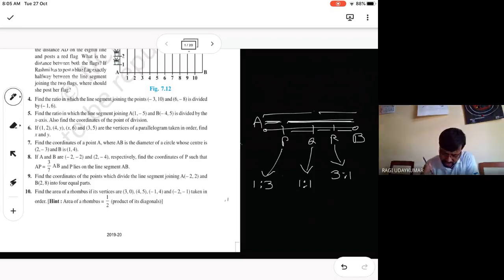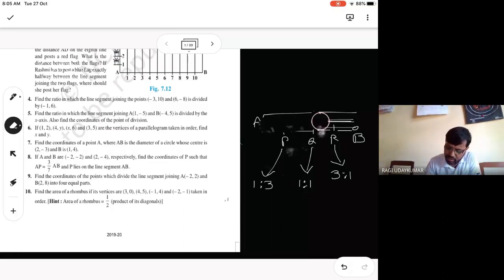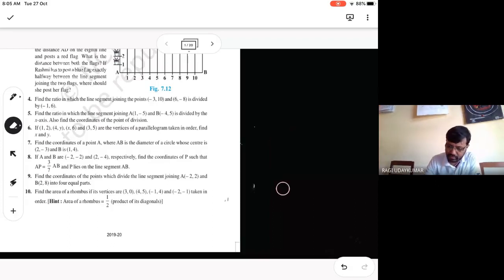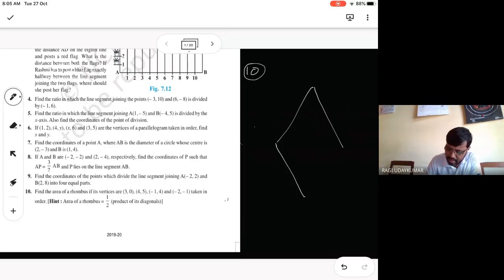Okay. Next, the 10th one. Find the area of the rhombus if the vertices are taken in the order. So they are asking for the area of the rhombus. Four points are given to you. A rhombus is nothing but a parallelogram in which all the sides are equal.